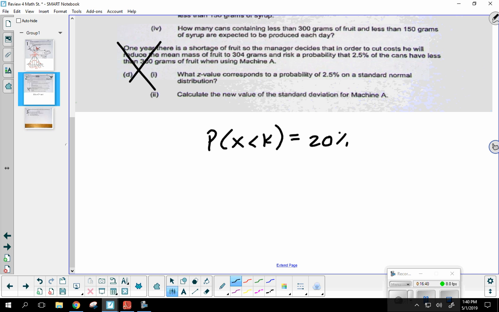Now, remember, your calculator can only handle a less than calculation when it comes to the inverse function. So this one would be perfectly fine, but if I changed it to a greater than, there's something we have to do.